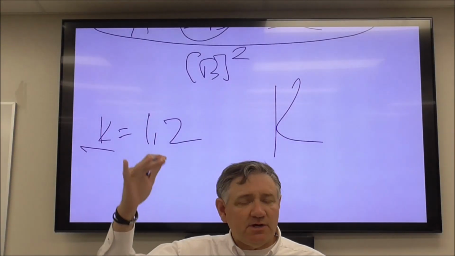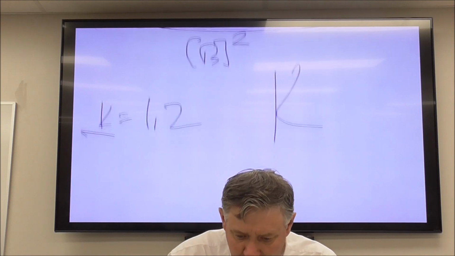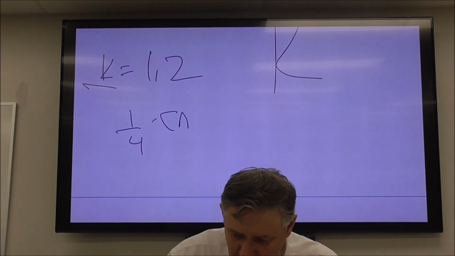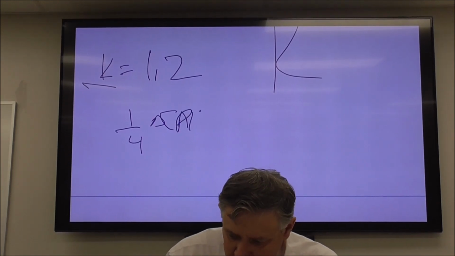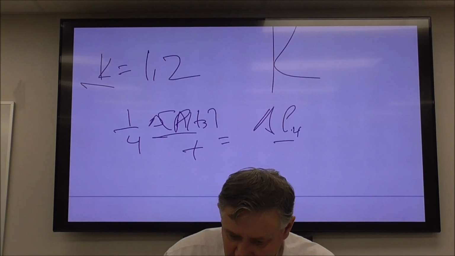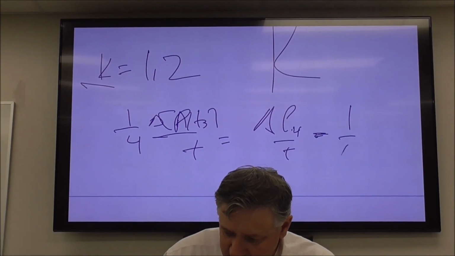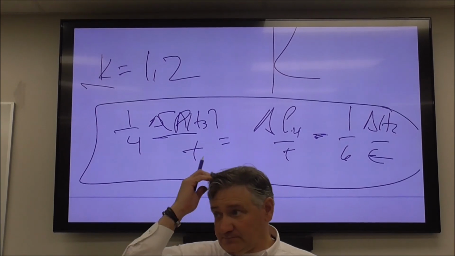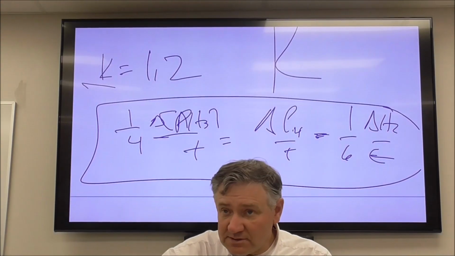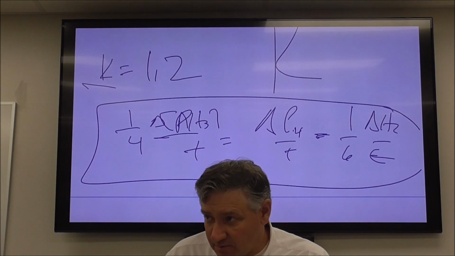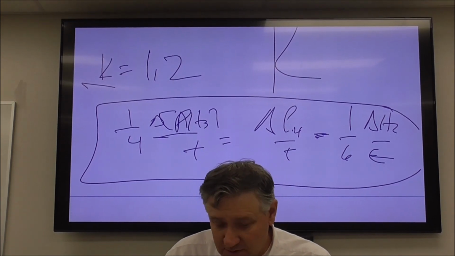You could either set that up algebraically, where you go 1 over 4 times the change in the concentration of your PH3 over time equals the change in the concentration of your P4 over time, equals 1 over 6 times the concentration change in H2. That's an option. Or you could just do the stoichiometry. I don't care. You're going to get the same answer either way. It's whichever one you want to do.